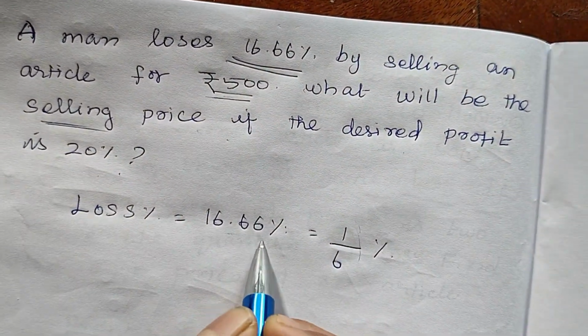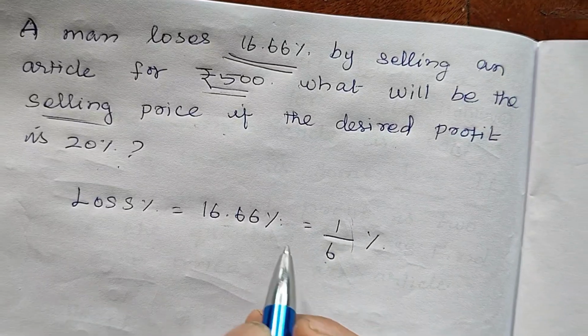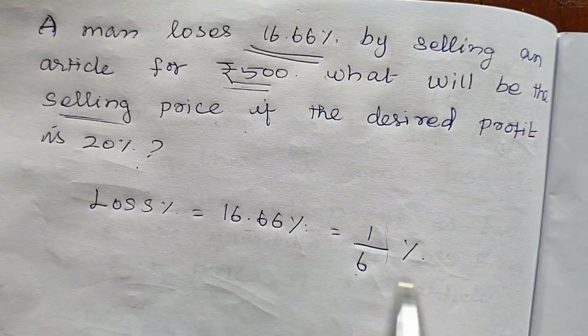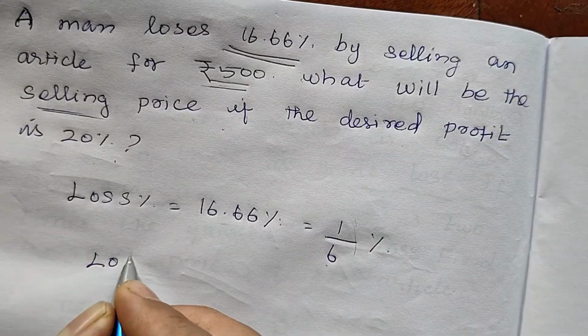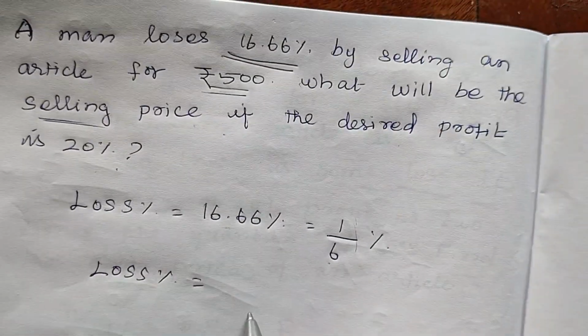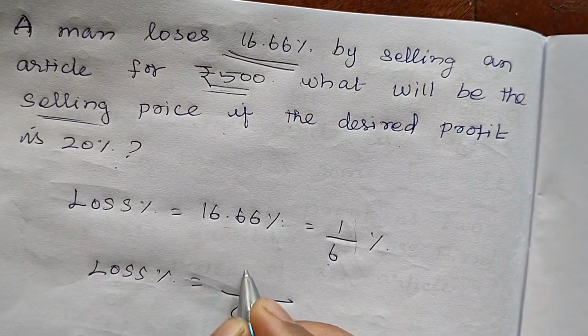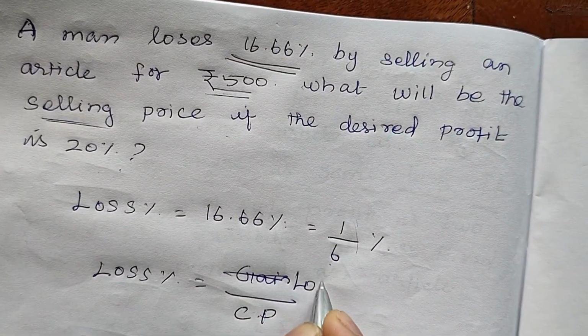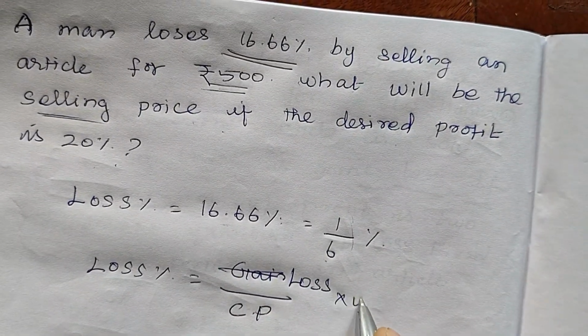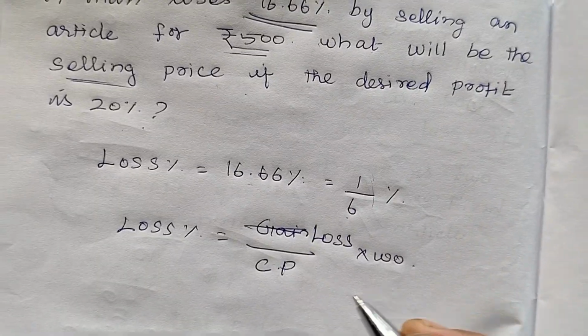For 16.66, 1/6 is the fraction. Loss percentage is always calculated as loss divided by cost price into 100. This is the way we have to calculate the loss percentage.